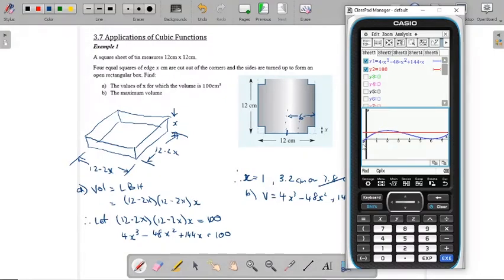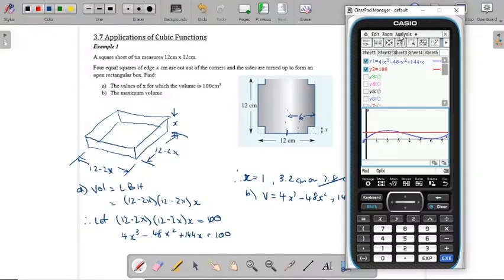Now, we can see that there's going to be a 0 volume down here and also here. Over here, the graph actually becomes irrelevant. By graphing that on here, we can see that we've got a maximum value here, and that's what we're after, because we're after the maximum volume.